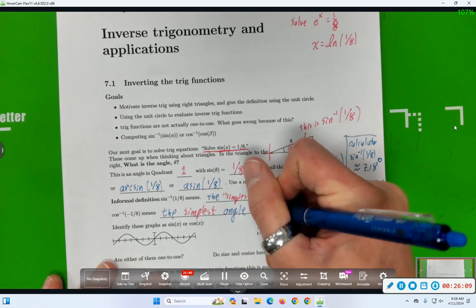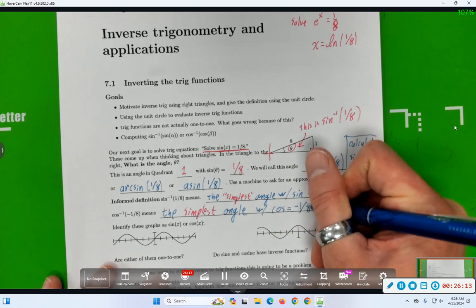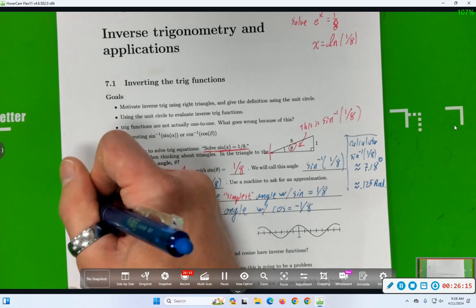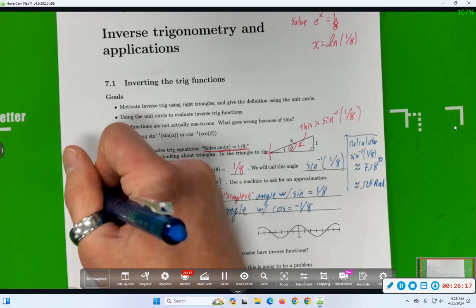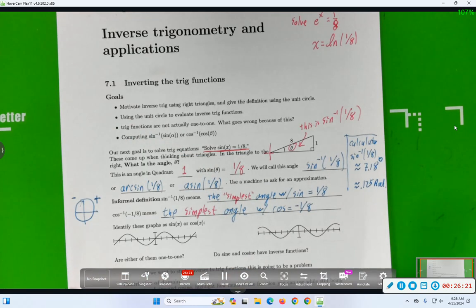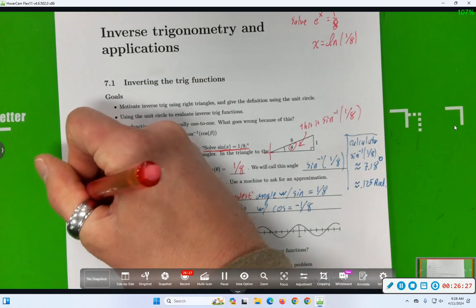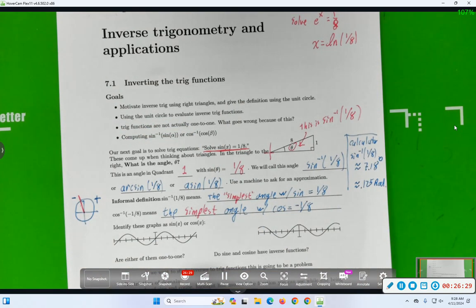Cool. And maybe you could even draw a picture of it. So let's see, it'll wind up being negative, so it can't be in quadrant 1, but I think there are simple angles in quadrant 2. And cosine is -1/8, so it'll be about there. That looks like it has cosine of -1/8.